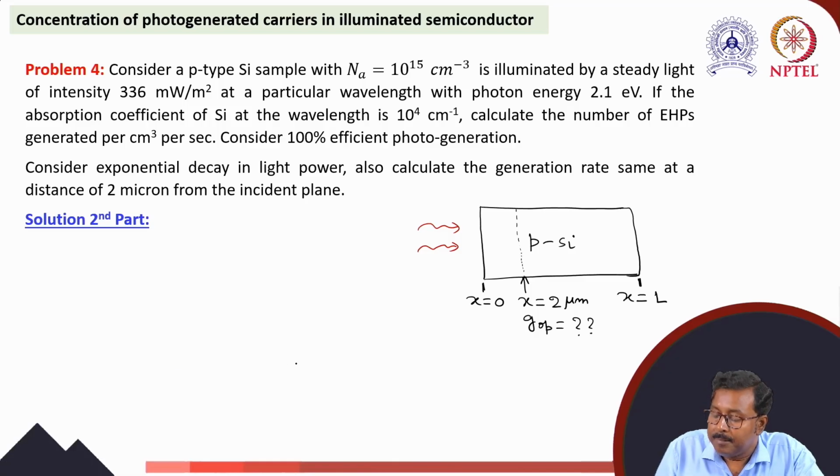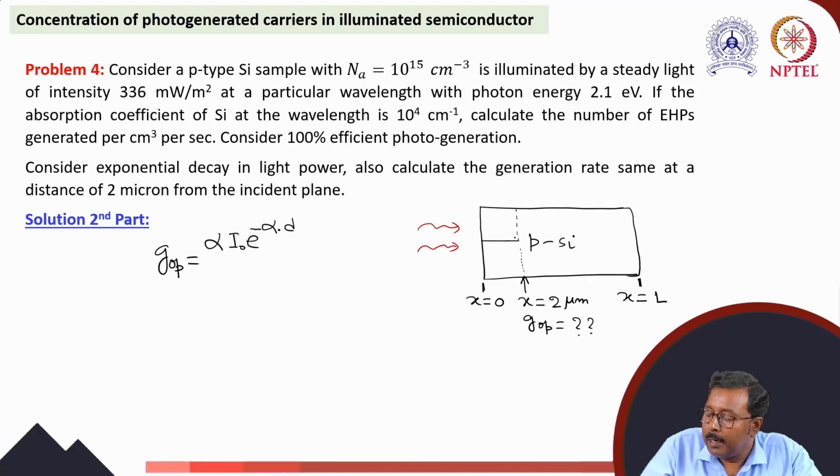The only difference is G optical will be alpha I0 e to the power minus alpha into d. Here d is equal to say 2 micron. I0 is the incident, that is 336 milliwatt per meter square, by h nu.